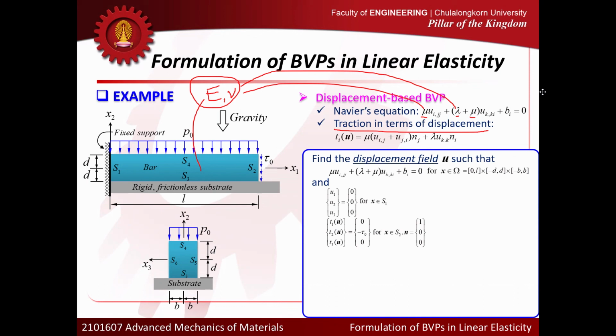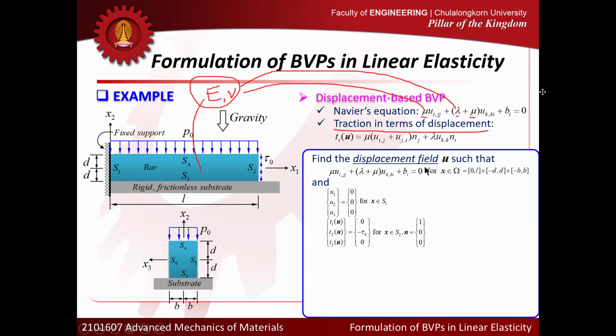How about the surface S2? If you go back to the previous formulation, I wrote traction in terms of stress because stress was the key unknown. But here, stress is not the key unknown anymore, so you cannot simply write traction in terms of stress. If you did, you would have no way to check it, because u is the key unknown.